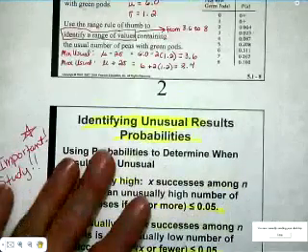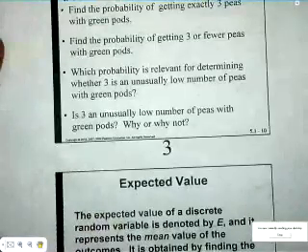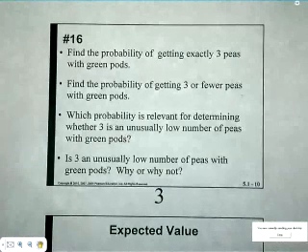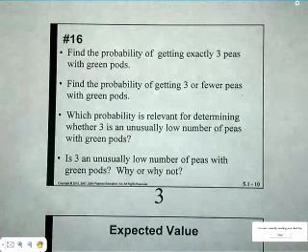Here's the problem that gets folks on the homework and gets them on the practice test and gets them on the test. And they all go back to this slide we just highlighted all over. Based on the Gregor Mendel table that we had, find the probability of getting exactly 3 peas with green pods.